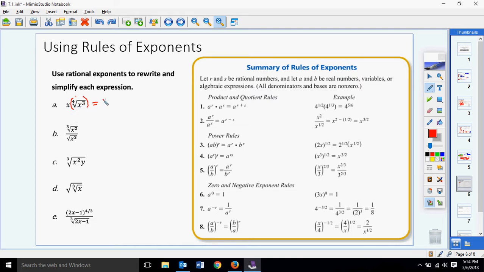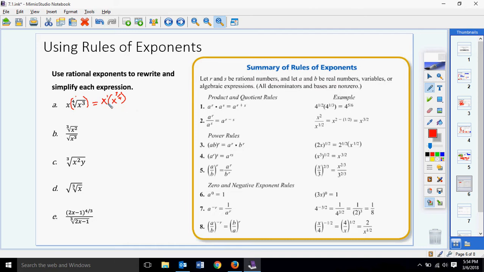Well, I have my x out in front, okay? And in my parentheses, didn't we say that our index could be your denominator and your power can be your numerator? So now I have x to a fractional exponent and I have x to the first out in front.